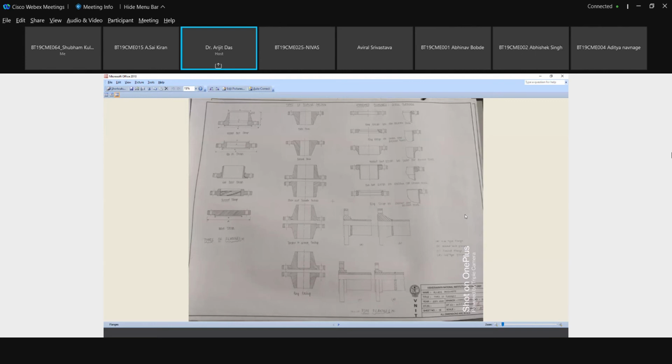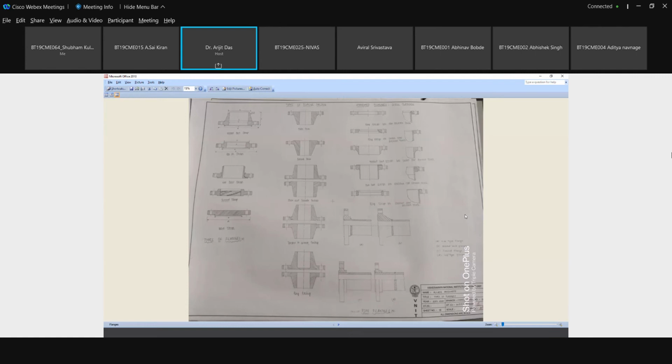Okay, so the schematic diagram of all your flanges, like the slip-on flanges, okay, blind flanges, like the socket. So all these flanges, as well as all the narrow faced flanges. Okay, I have shown already. So you have to draw the schematic of that.